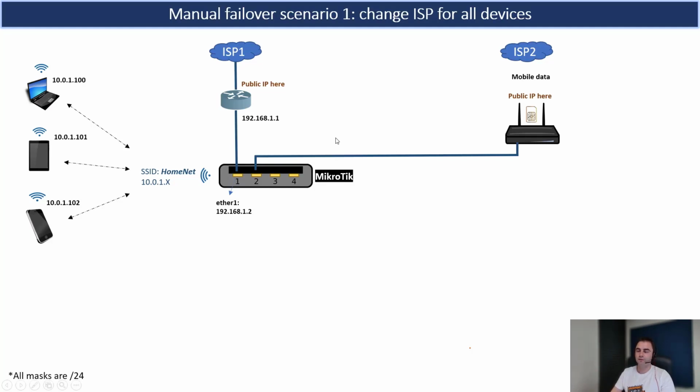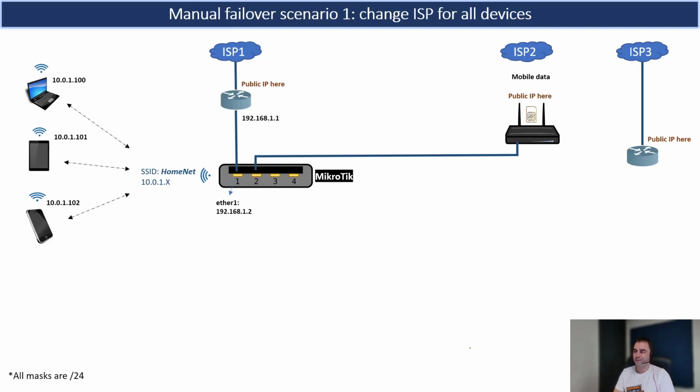I said, okay, I'm going to designate Ether 2 as the second internet port. I was not sure exactly what kind of configuration I will want to create, but we did this. In the next moment, they said, okay, but you know that we also have our ISP, which I call ISP3, and they offered me, why don't you use our main ISP, which can be ISP3 from your perspective.